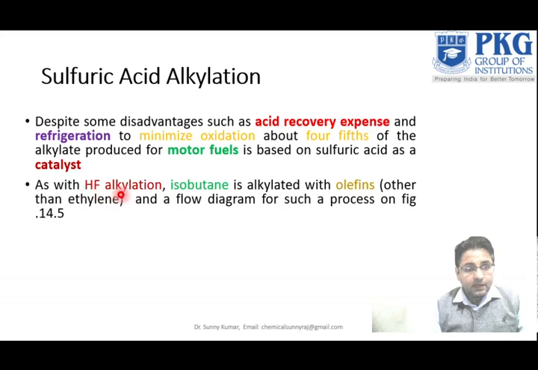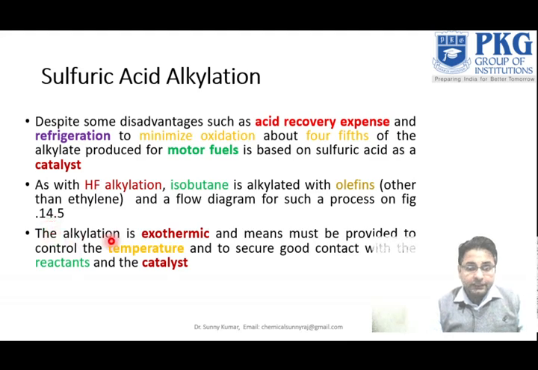As with the HF alkylation, isobutane is alkylated with olefins other than the ethylene, and a flow diagram for such a process is shown in figure 14.5. The flow sheet we will discuss later. First, the alkylation is exothermic.